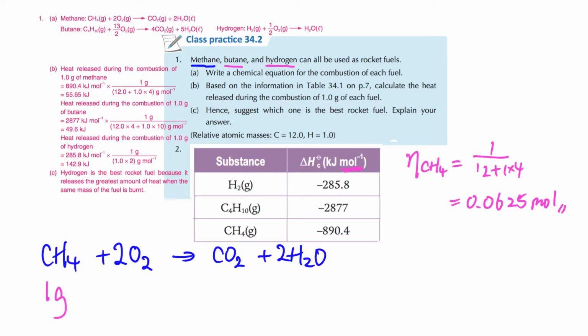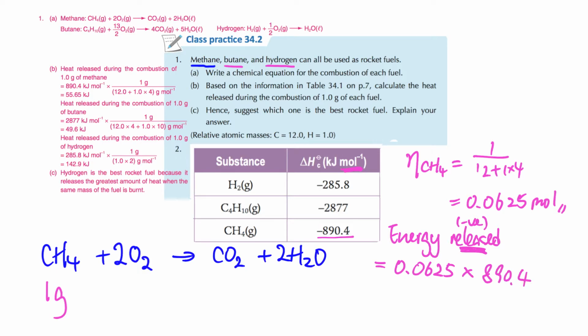Then let's look at the enthalpy change of combustion, which is per mole. Each mole will release 890.4. Because I have the word released here, we are talking about the negative sign already. So you just use 0.0625 times 890.4.